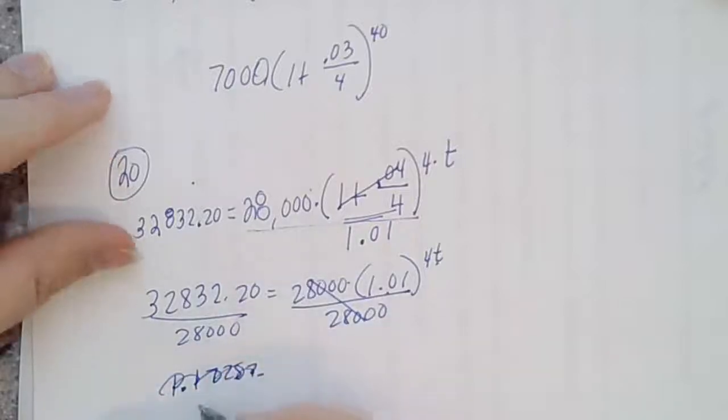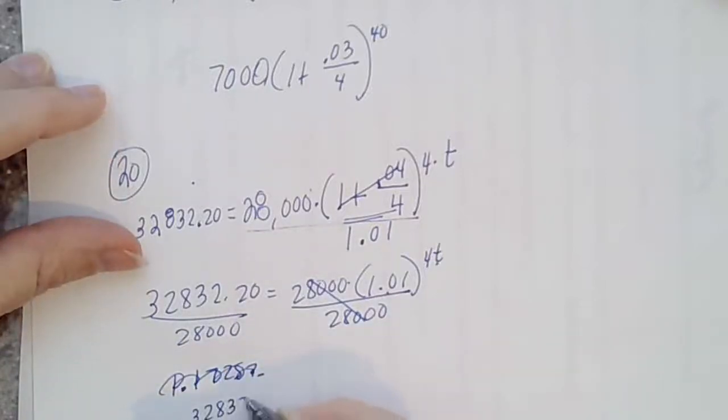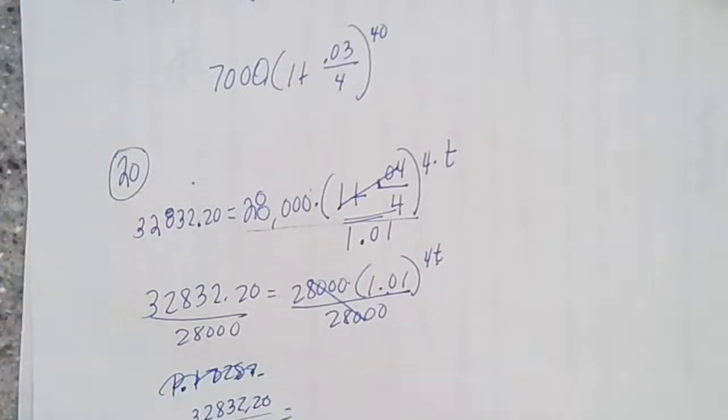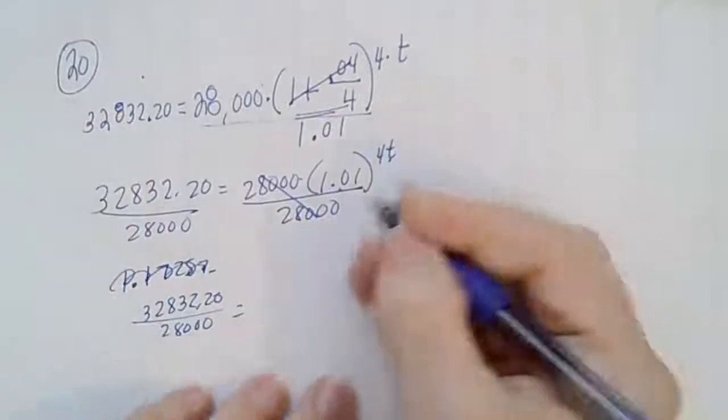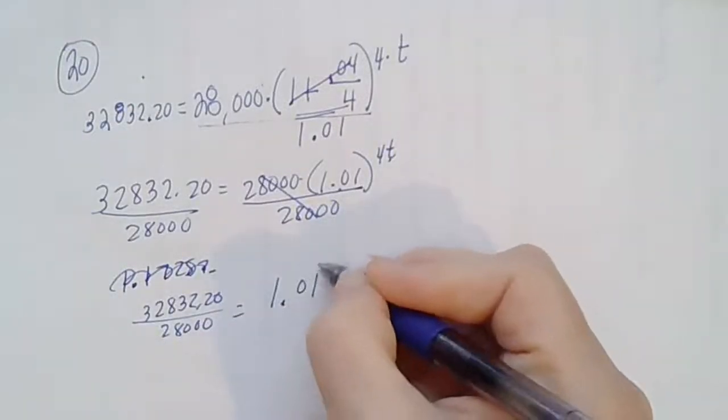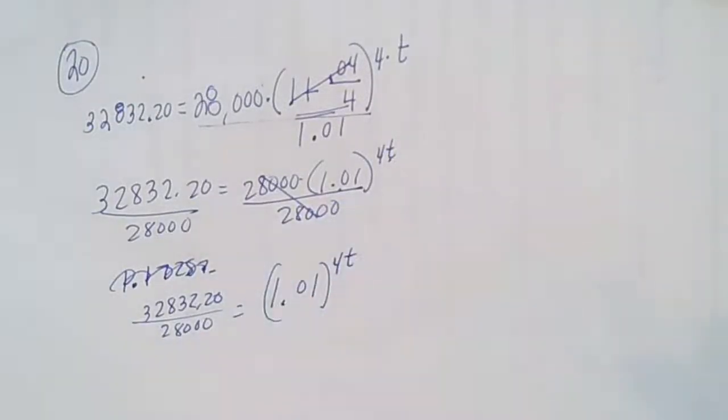Okay, here's where we're at. The other side, though, we've simplified to 1.01 raised to the 4t. So I want you to notice this takes us back to exactly where we were in the other problems. We have some sort of base, no exponent here, although it could be, and then another base to an exponent. So how do we solve for the exponent? That's by logarithms. So we always want to work the problem down, simplify as much as we can before taking the log.